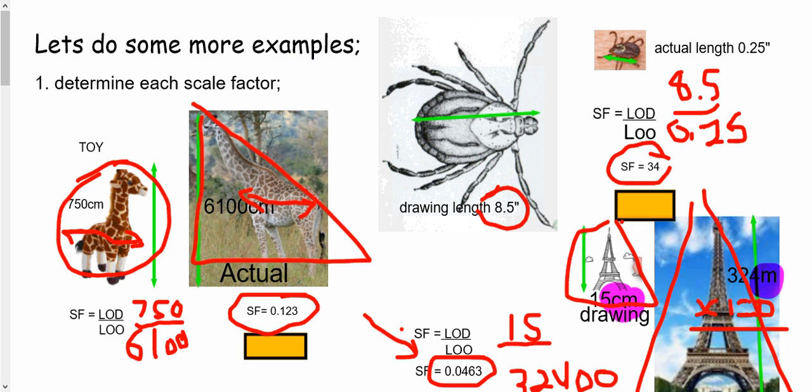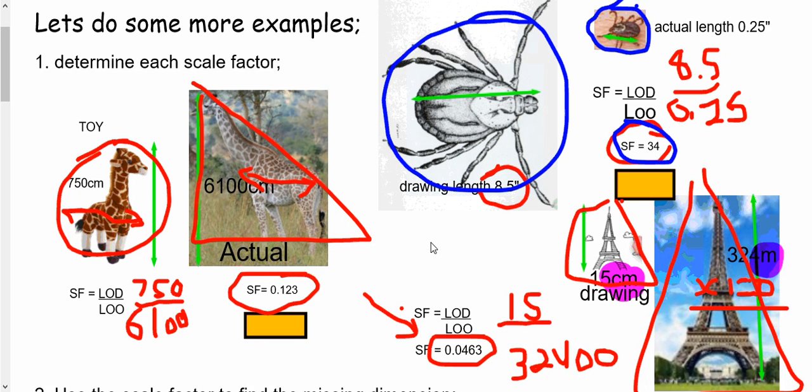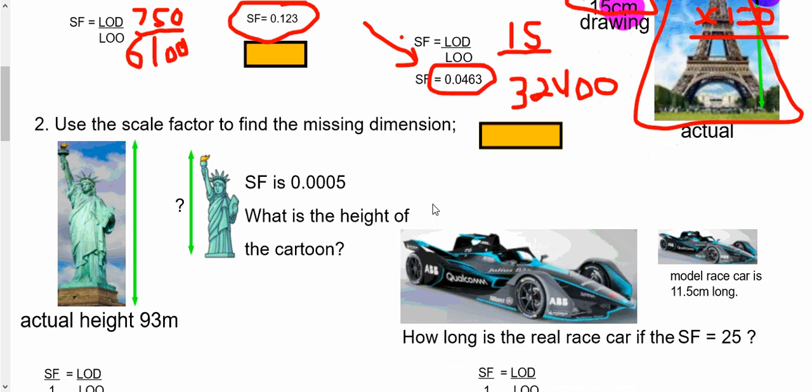Here, we've got a small thing, and the reproduction is bigger. We get a bigger number, a whole number. Okay, let's keep that in mind a little further down. But remember, all you need to know is length on diagram over length on original, and that's the scale factor. Okay, now we can use a scale factor to find a missing dimension.